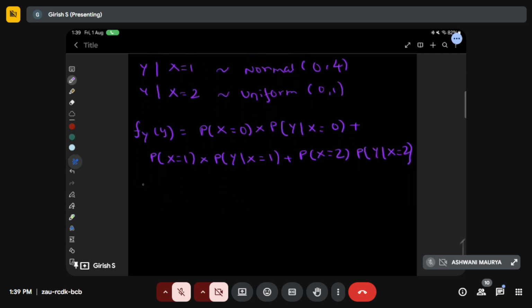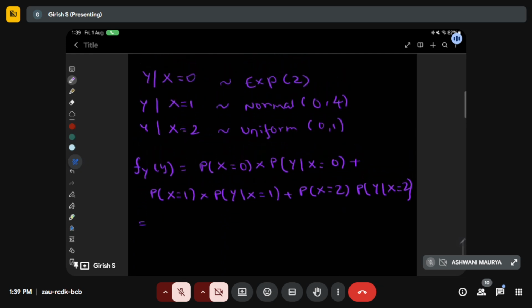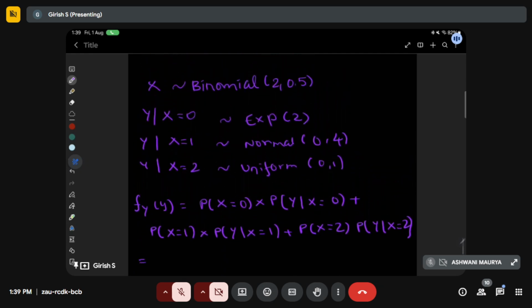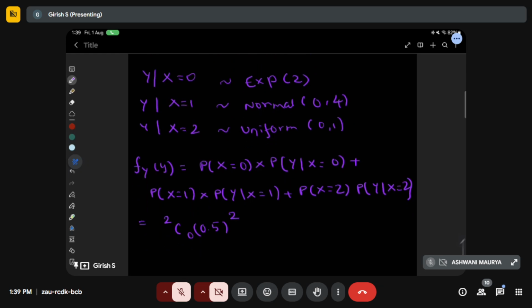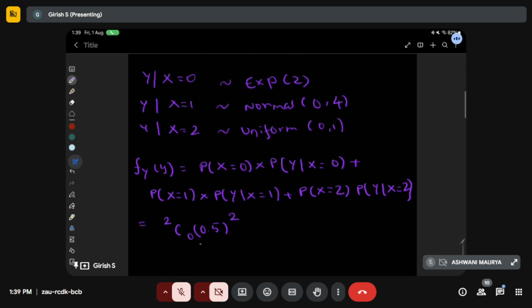Now what is the probability x is equal to 0? If you see, x itself is following a binomial distribution. When x itself follows binomial distribution, the probability of x is equal to 0 will be as follows. Is this fine for probability of x is equal to 0?